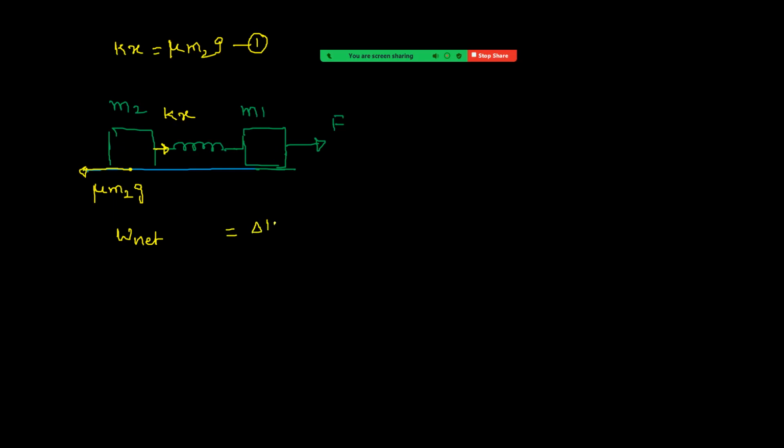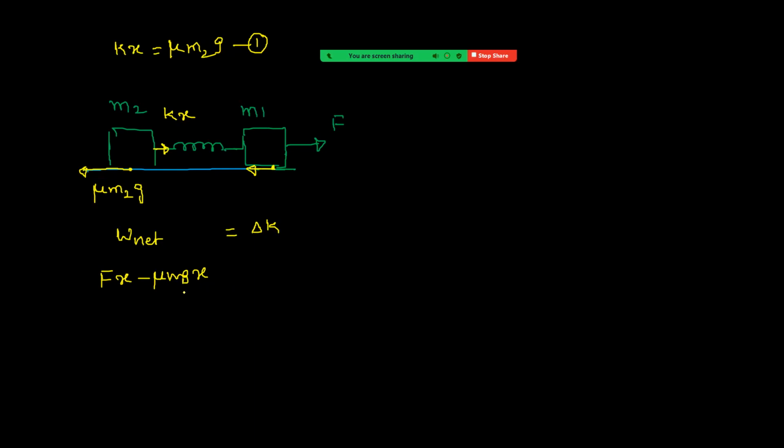See how many forces are acting on this block. Applied force: the elongation is x, meaning the displacement is x. So because of the applied force, the work done is F into x, which is positive. When this block is moving to the right, the kinetic frictional force will be to the left. Therefore, because of the frictional force, the work done is minus mu m1g into x.